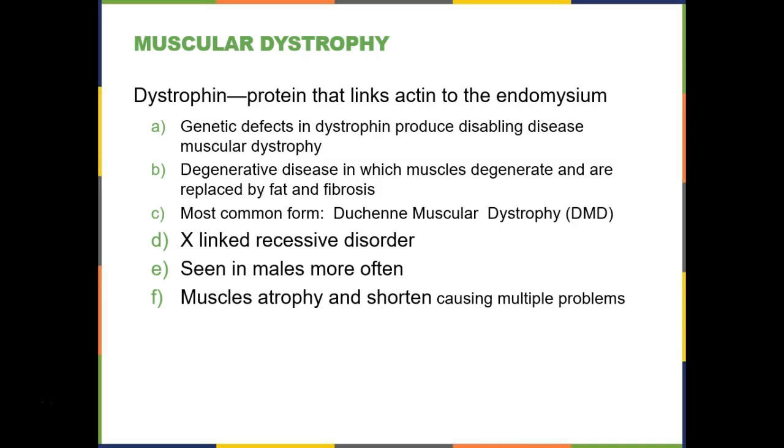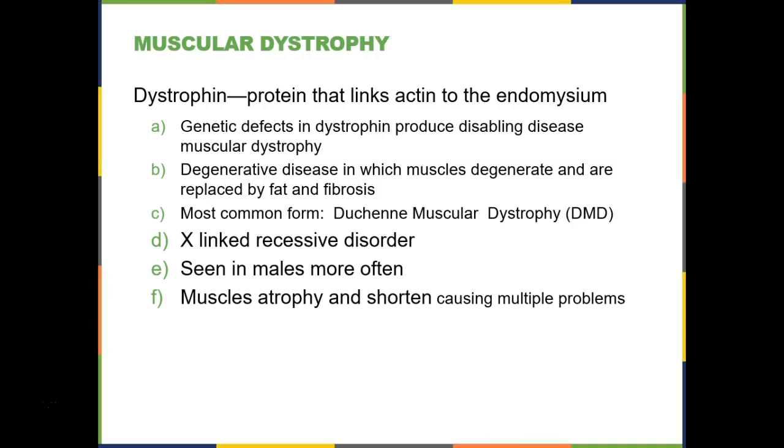So dystrophin is a protein that links the actual sarcomere to the endomysium. And it's a genetic defect in the protein dystrophin that leads to muscular dystrophy, a group of diseases that causes muscle degeneration. The most common form is called Duchenne muscular dystrophy. This is an X-linked recessive disorder.